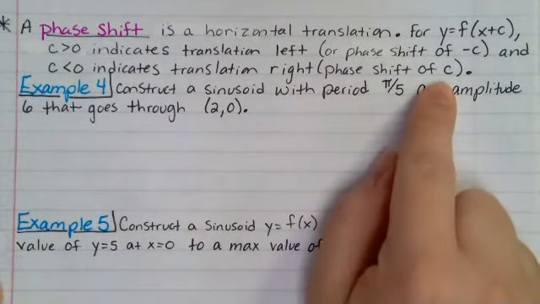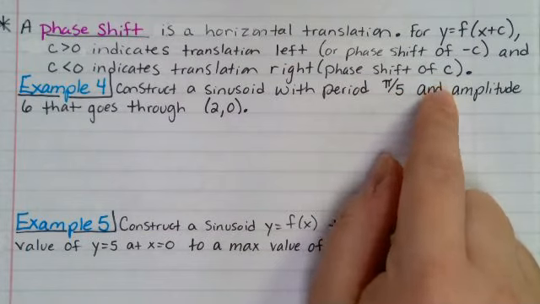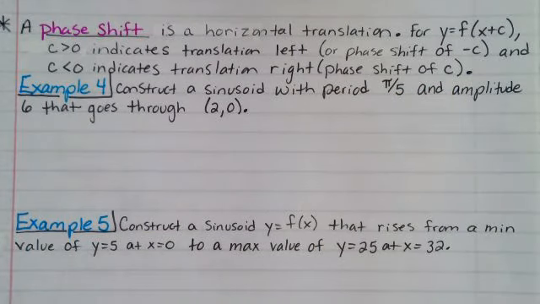It will have a phase shift of positive C. Okay, so it's a little bit awkward to get used to maybe that term phase shift, but yeah, we can still use those. It's still just a horizontal translation. So if they gave you a graph or an equation showing a phase shift like that, you could just grab the number from the equation.